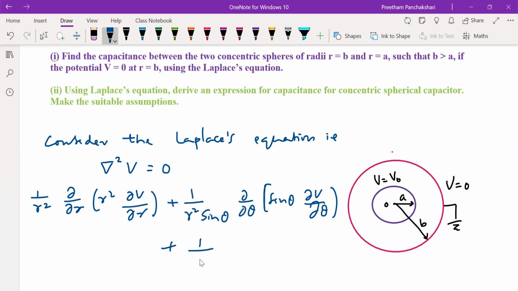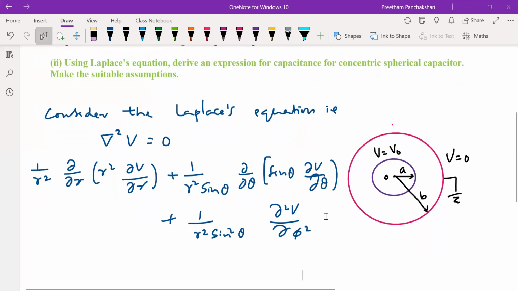Plus the third term is with respect to the third variable, that is phi. So 1 by r square sine square theta dou square V by dou phi square. Since Laplacian is a scalar, there are no unit vectors. You can observe it.